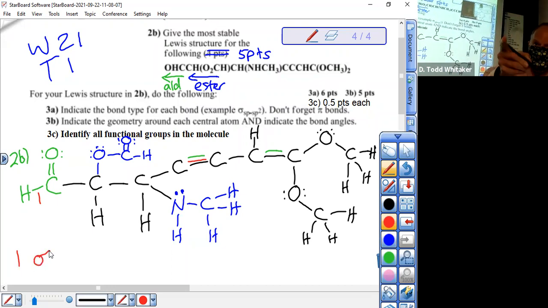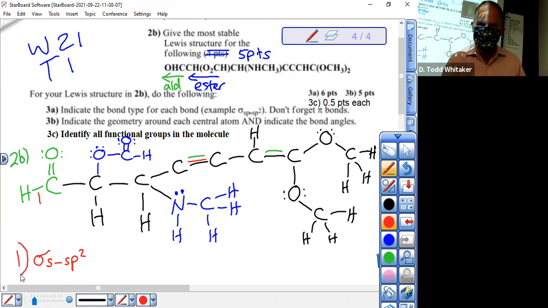And she said it's an s orbital being provided by the hydrogen. And the carbon provides what? Yes, 3 sigmas, no lone pairs, sp2. I think there's only 1 more of those, 2 more of those.